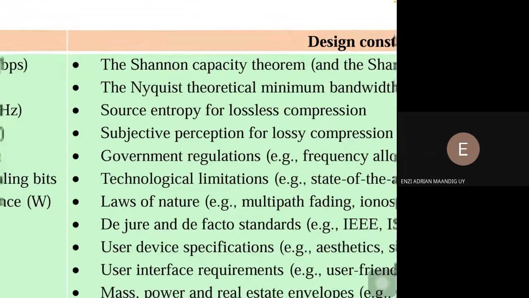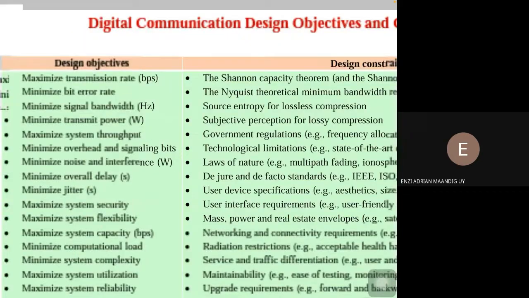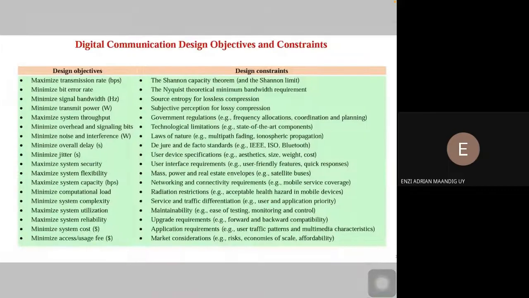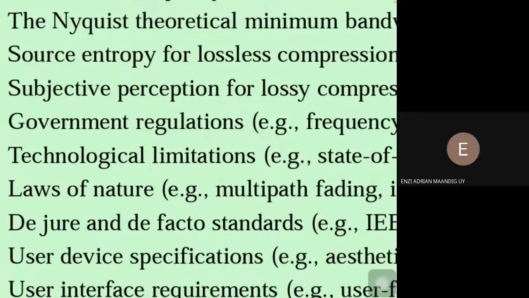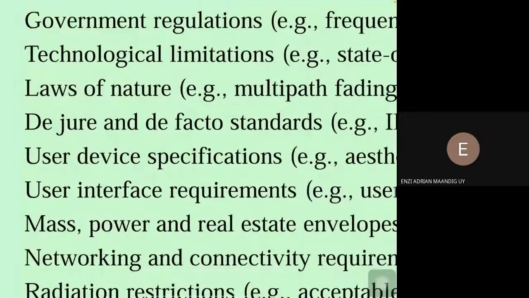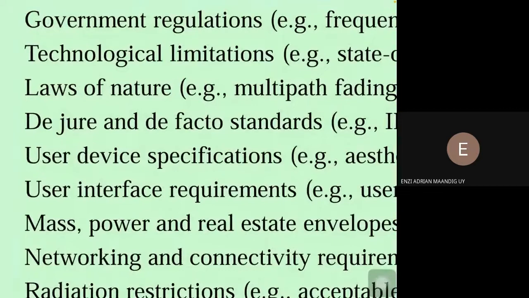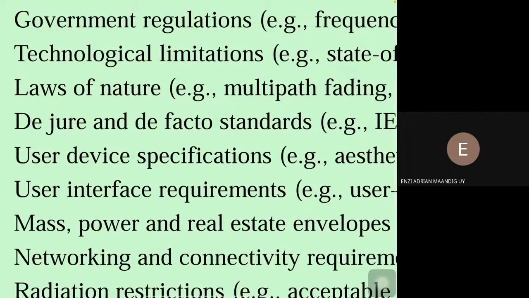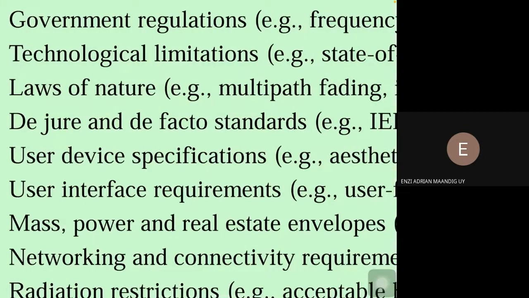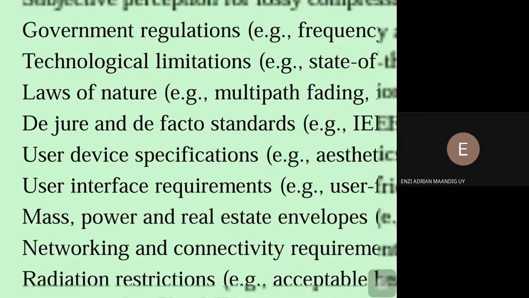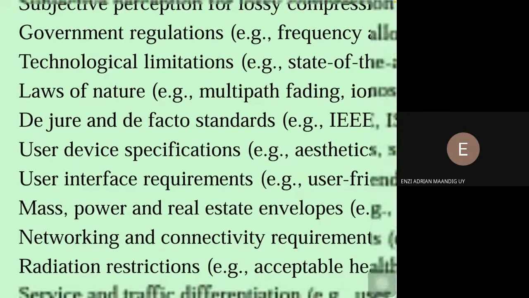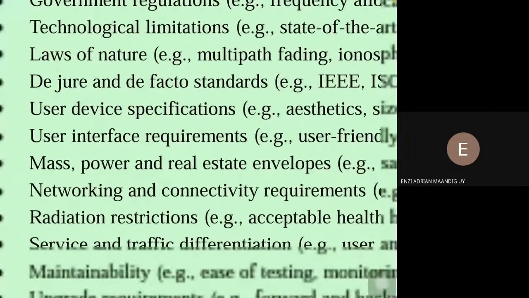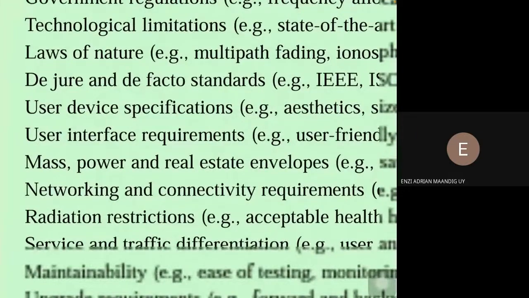So these are physical and mathematical constraints. Government regulations: we may not mind these as much, but this is very important. What are the regulations and rules imposed by the government in a particular area, country, city, or state? Another constraint would be technological limitation.